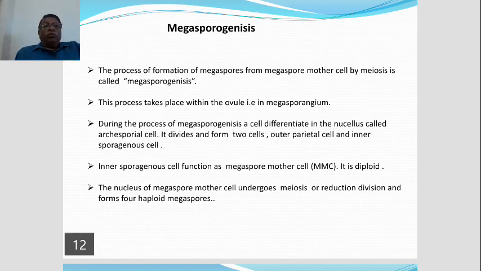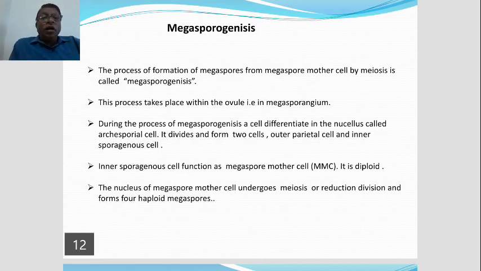During the process of megasporogenesis, a deep-seated cell in the nucellus or megasporangium differentiates itself into an archisporial cell.